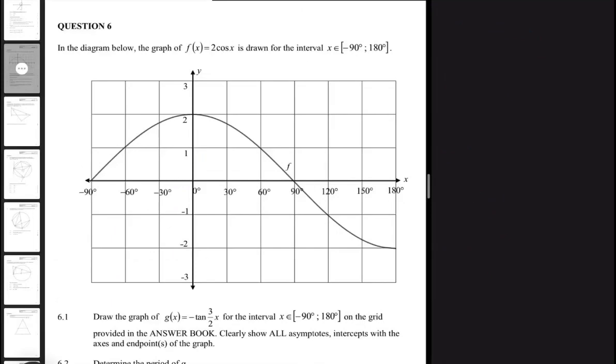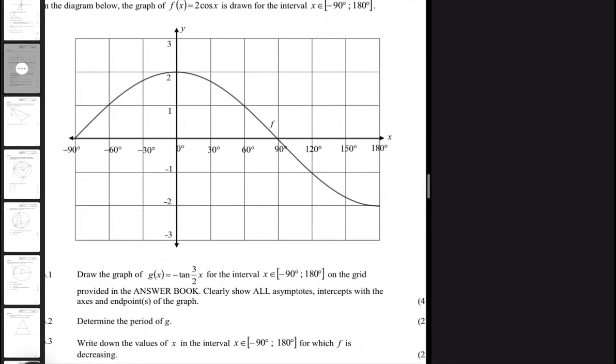The best way to draw a graph of a trig function is to substitute values of x, moving with an interval of 30. Because if you substitute 1, 2, 3 up to 180, you're going to take the entire day. So you move with an interval of 30. Look at 6.1.